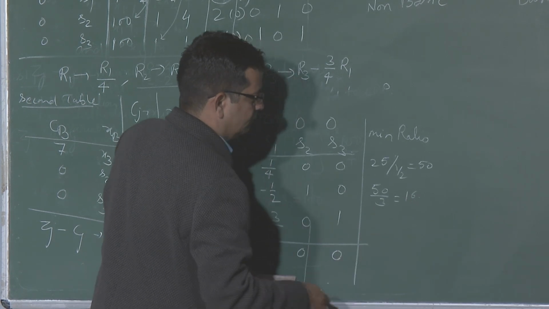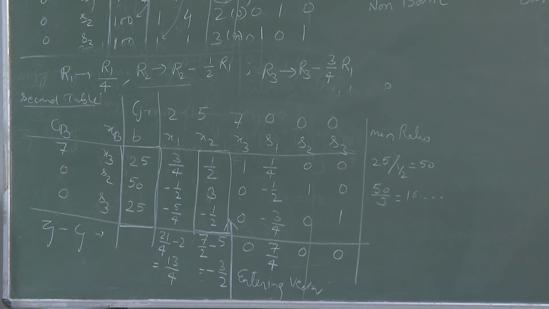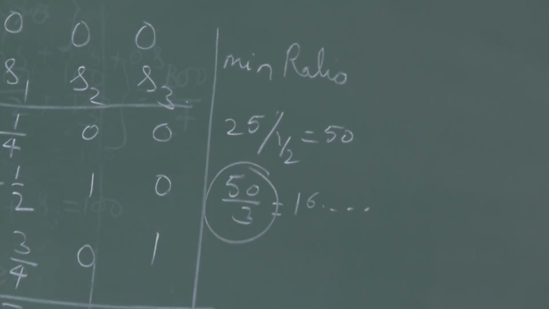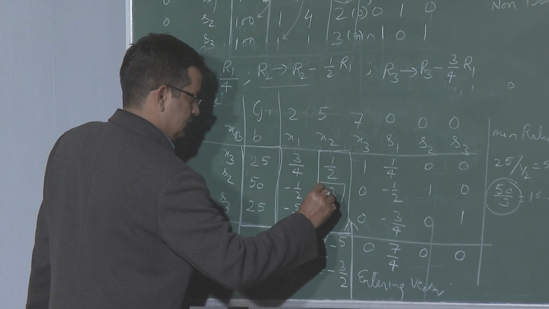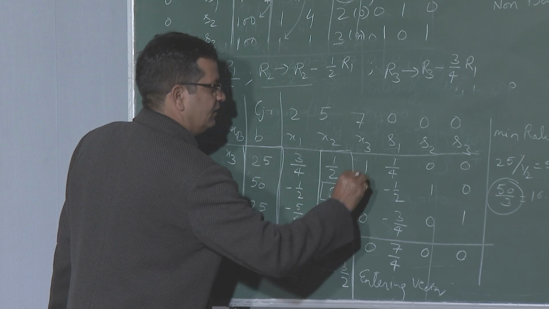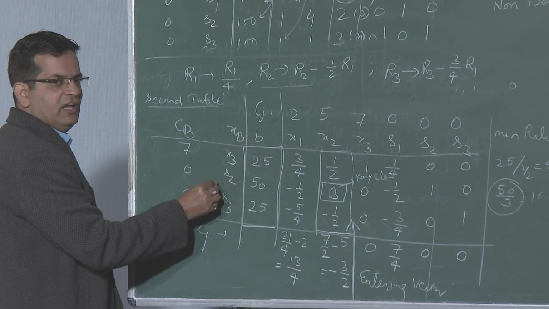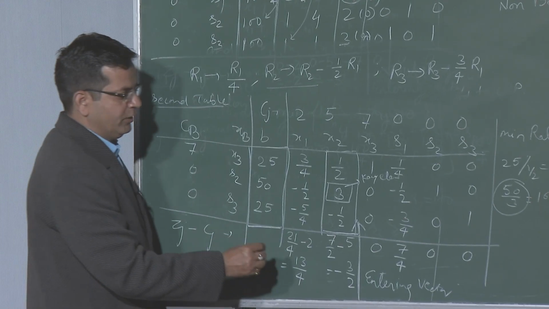So, which is minimum? Obviously, 50 by 3 is the minimum. So, this becomes our key element, and corresponding to the key element the variable is S2, S2 will be the outgoing variable.